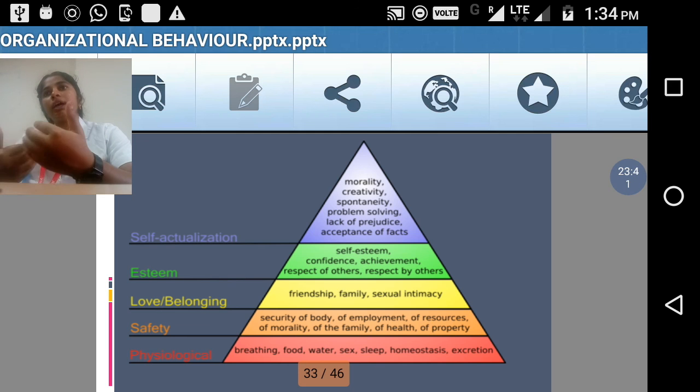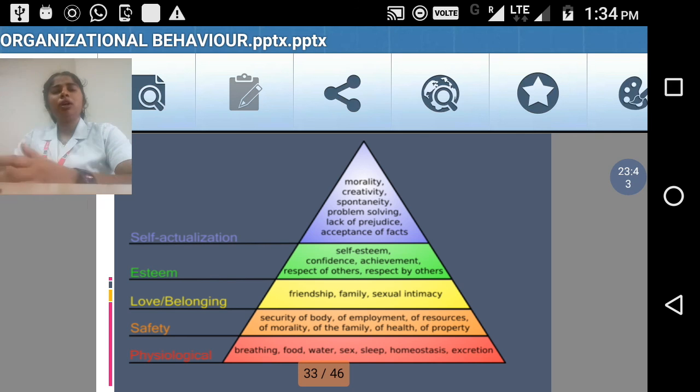And the second one is safety. If people have the basics of physiological needs, then they move to the next one, safety: security of body, of employment, of resources, of morality, of the family, of health, and of property. These are all the second stage of Maslow's hierarchy theory.